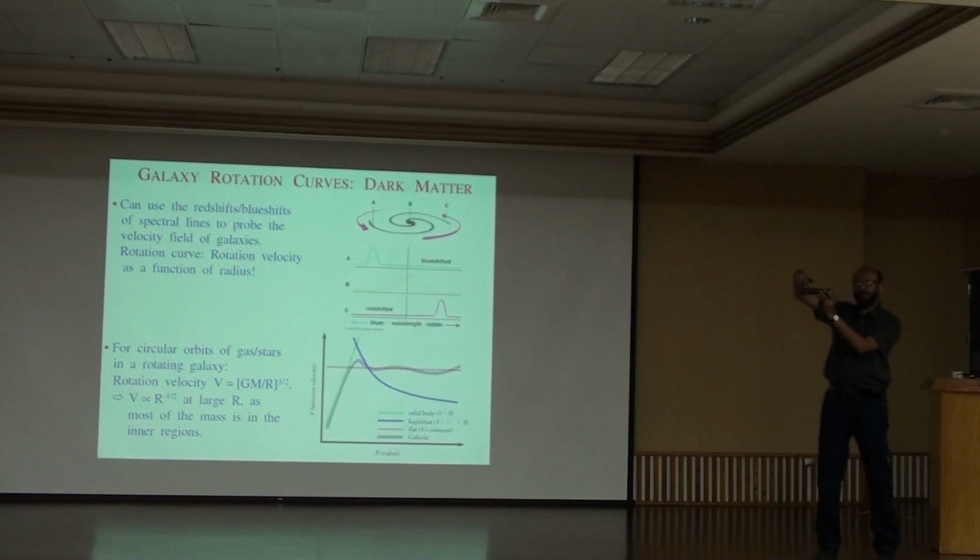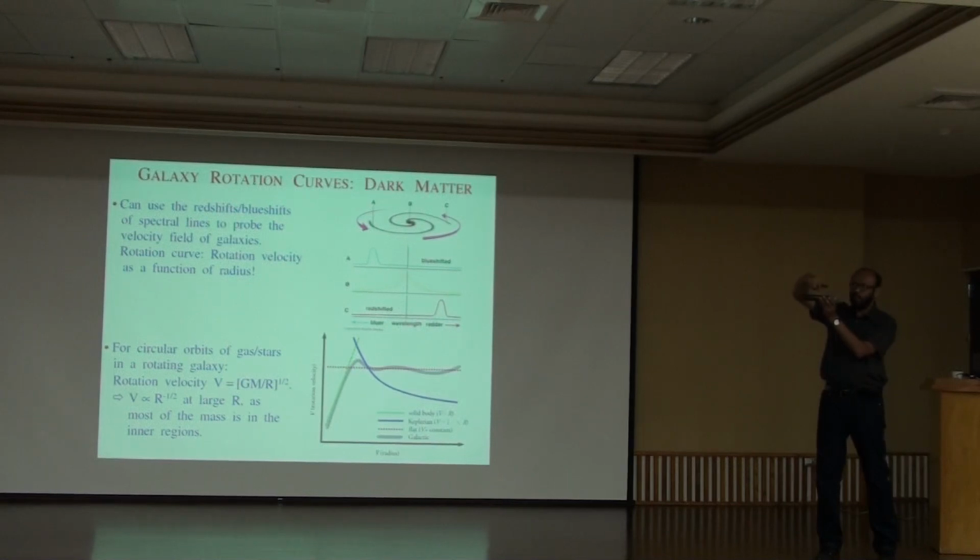But the amount by which they are blue shifted or red shifted will depend on the velocity. It will depend on how fast this object is moving. So if gas over here is going at a lower velocity, it will be blue shifted less than gas over here, and this will be blue shifted less than gas over here.